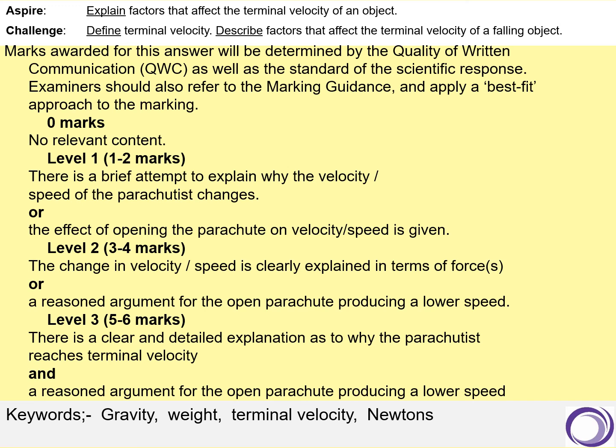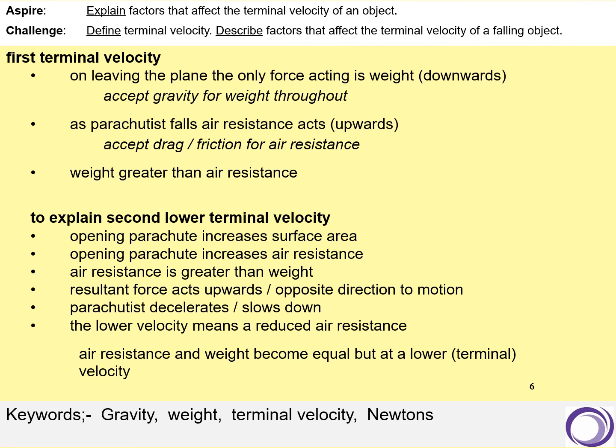Okay, so this is the type of thing that you should have come up with. When the person jumps out of the airplane, the force acting is weight and that acts downwards. As the parachutist falls, air resistance increases because they are going faster, and then weight is greater than the air resistance.